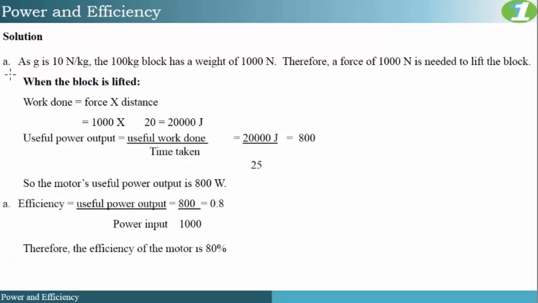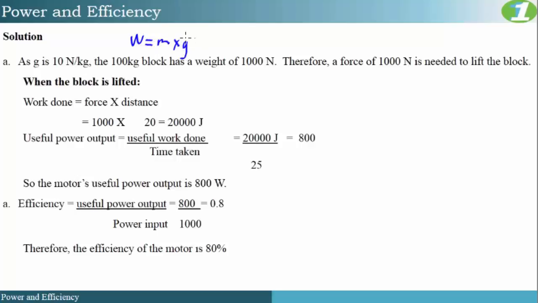For part A, where we're asked to find the useful power output, we begin by recognizing that g is 10 newtons per kilogram. Therefore, if the block is 100 kilograms, the weight would be 1000 newtons, because we know that weight equals mass times gravity.